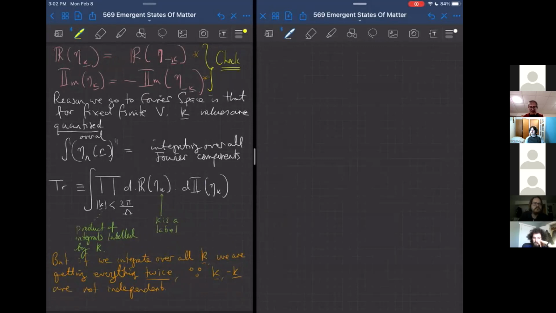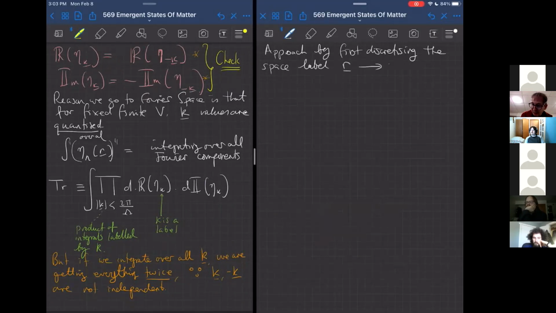The best way to think about this, so as not to get confused, is to approach it by first discretizing the space label r to a lattice label i.